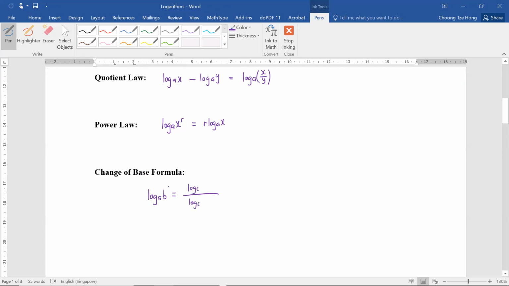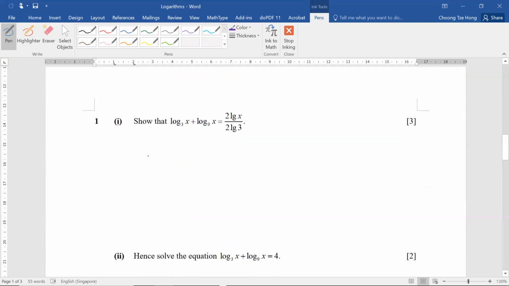Then this b over here will go on top, and this a will go below. So you have log base c of b over log base c of a. This is very useful because it allows us to change the base of a logarithm to any base that we want.